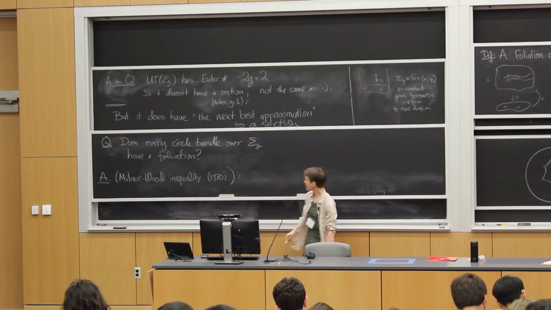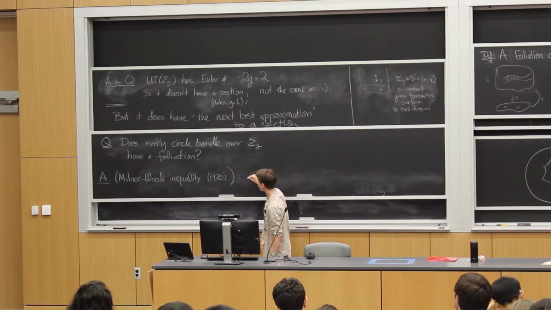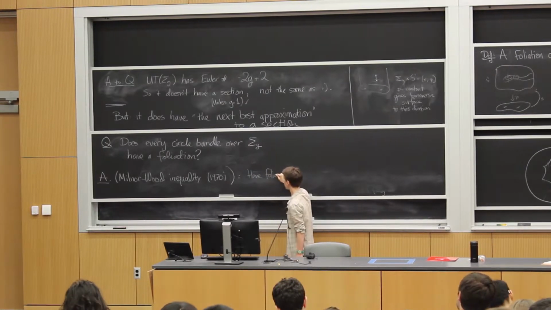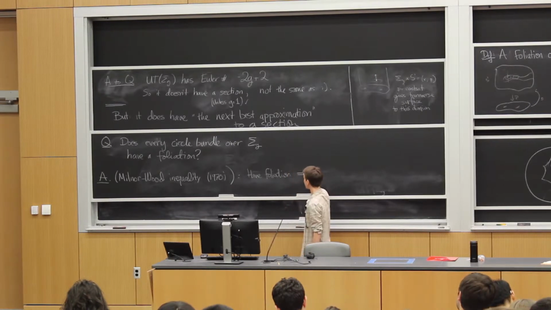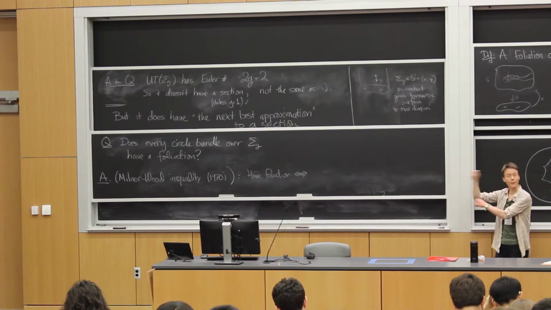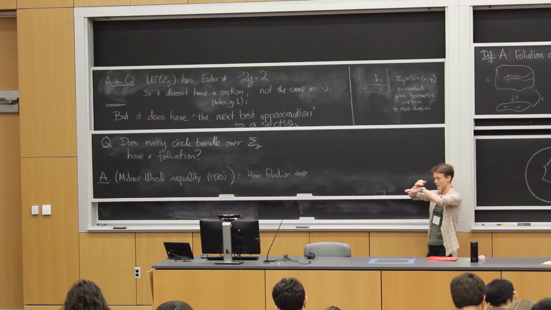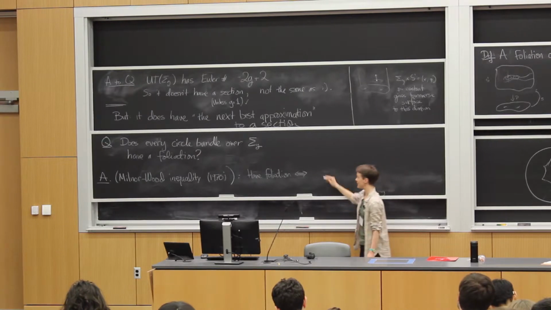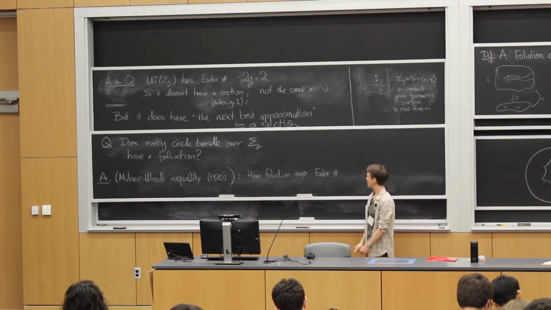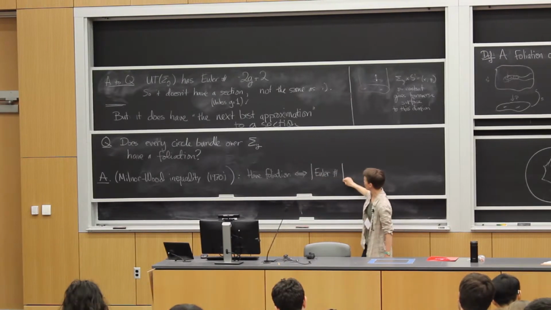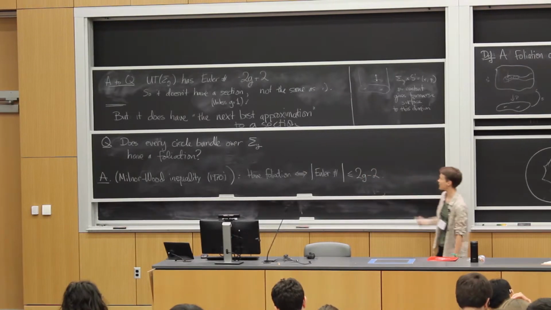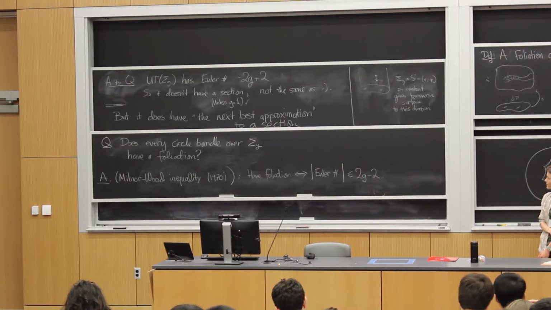Okay. What Wood observed is that you have a foliation if and only if that number that we defined before, the degree, the Euler number, the thing that measures how far away you are from having a section, the Euler number in absolute value is less than or equal to the absolute value of the Euler characteristic of the surface.